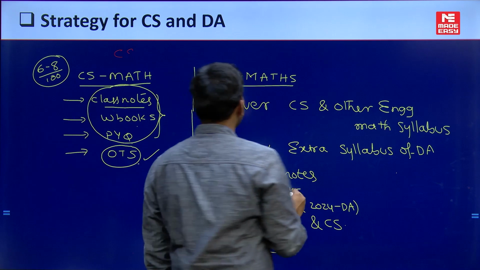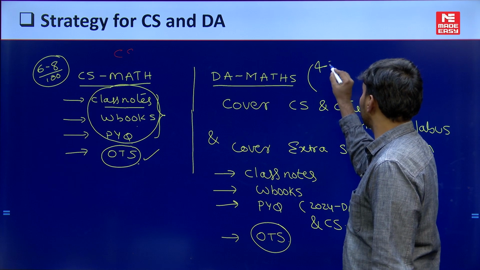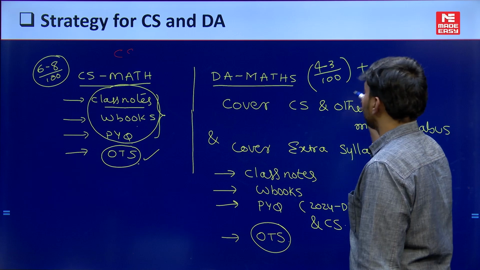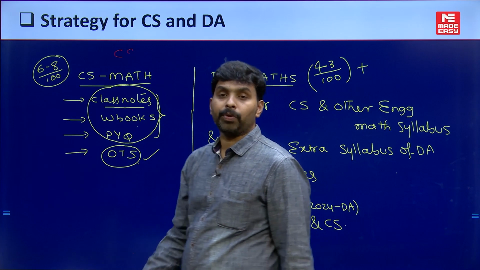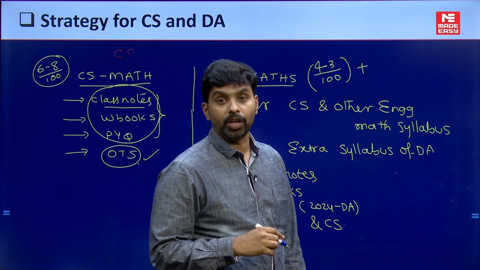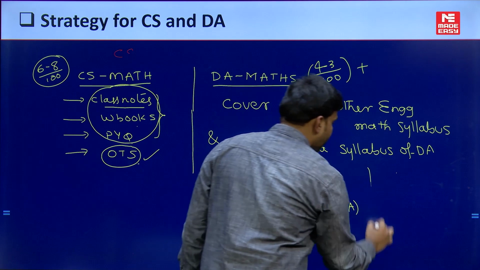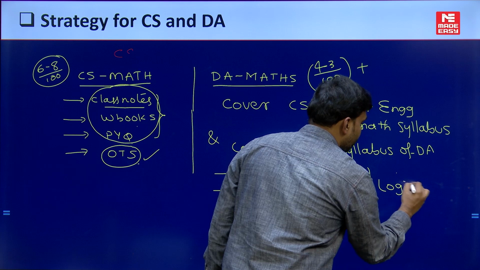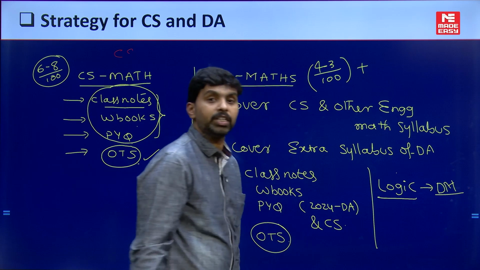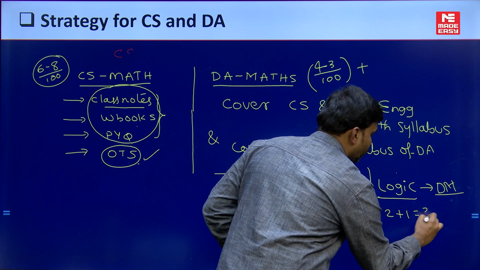And when it comes to DA mathematics, as I already told you, this is 43 marks, or you can get 43 out of 100. From the discrete mathematics side, there is also one concept called logic. This logic topic is a discrete mathematics topic, and from there you will have 2 plus 1 is equal to 3 marks.